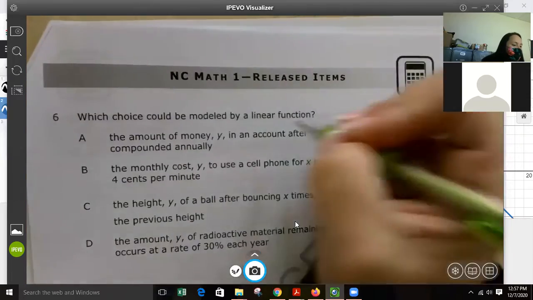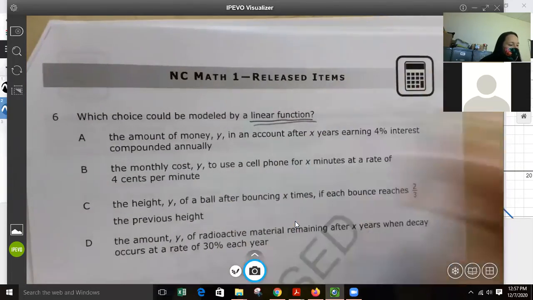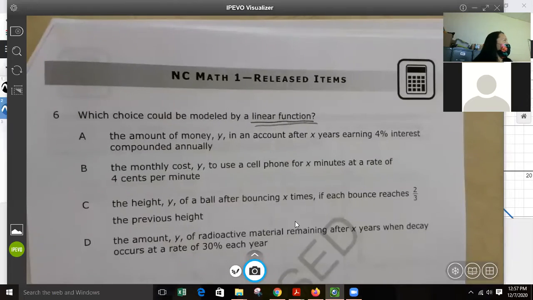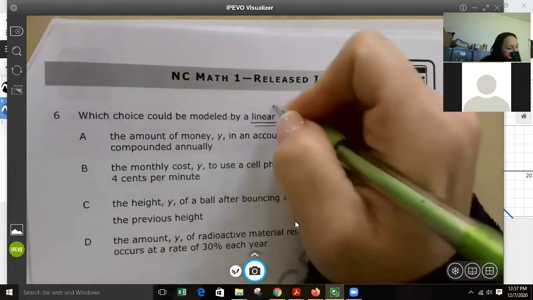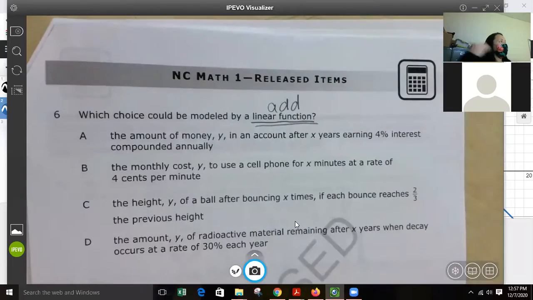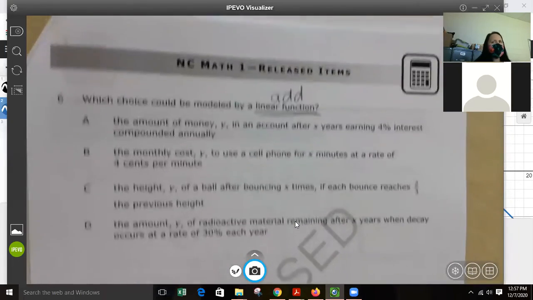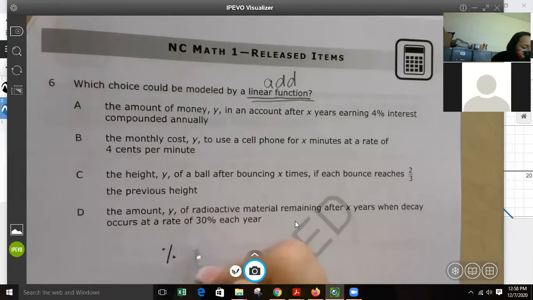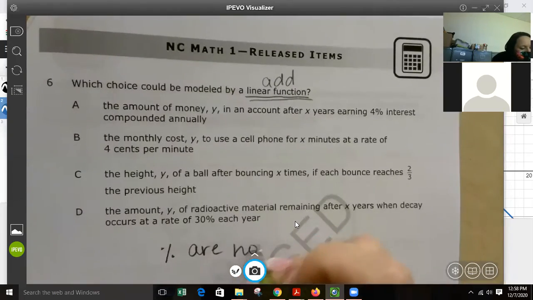All right. So linear. What did I tell you linear meant? You do what every time? Add. So we're increasing by the same amount each time. Add, add, add, add, add. So it wants which one could be linear. Anytime you see percentages, they are not linear. So percents are not linear.